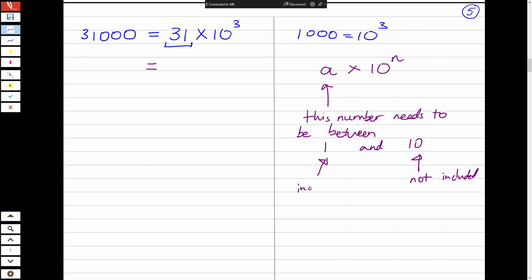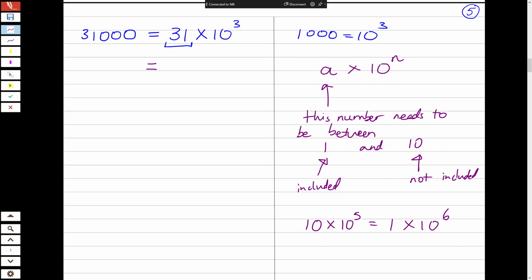But we include the 1. And the reason for this is if I say I've got 10 times 10 to the 5, well, that's the same as 1 times 10 to the 6. Do you agree that these two numbers are the same? 10 to the 1 times 10 to the 5, use the index law and you just get 10 to the 6.